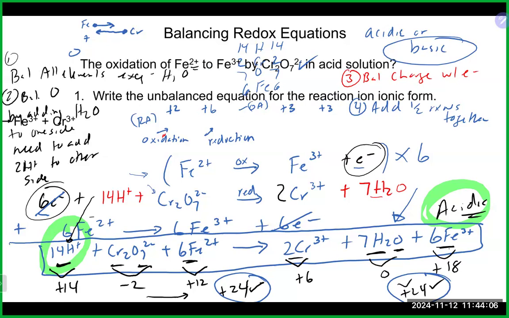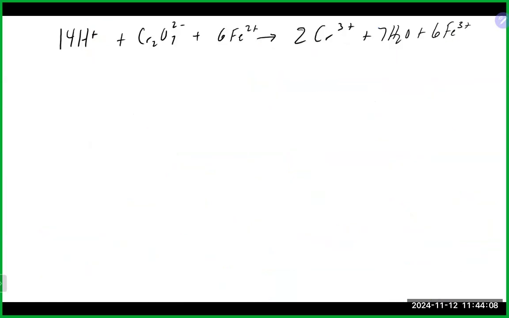So if I recopy this equation on the next page, which hopefully I did correctly, we want to then turn it into basic. And when we turn into basic, we're going to add OH minus to each side.